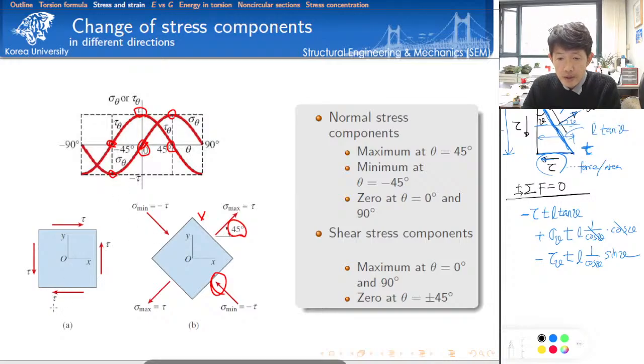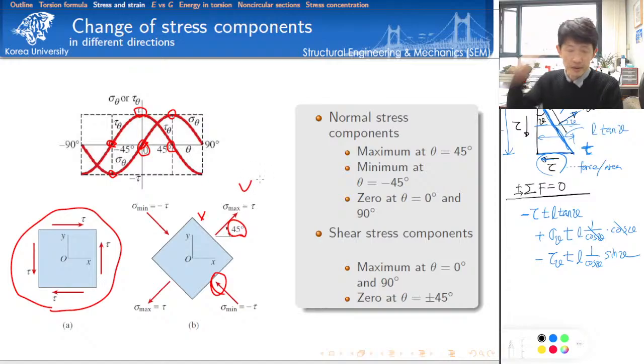So if you observe this pure shear stress condition at a 45 degrees angle difference, then there are no shear stress components. Instead, we have only the normal stress components. So one pair is tension and the other is in compression. This is very interesting, isn't it?